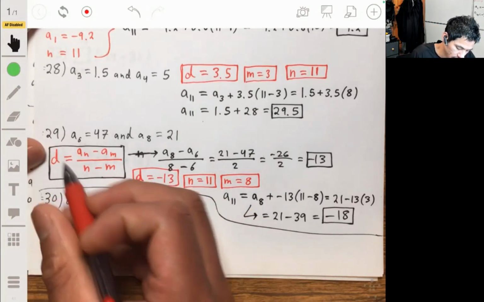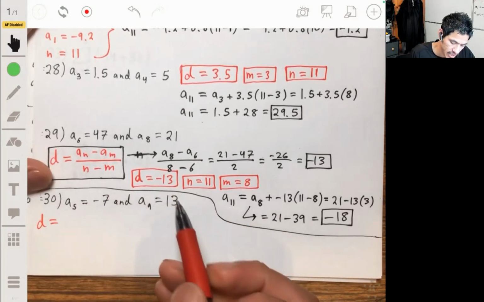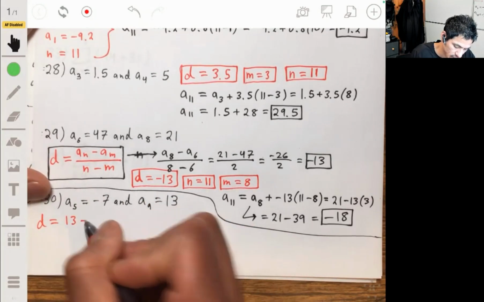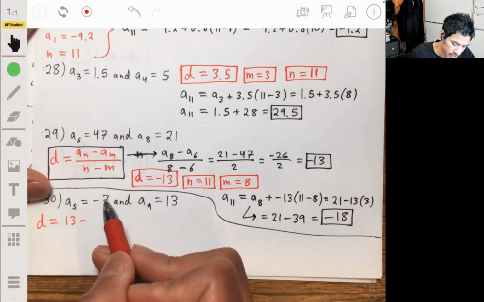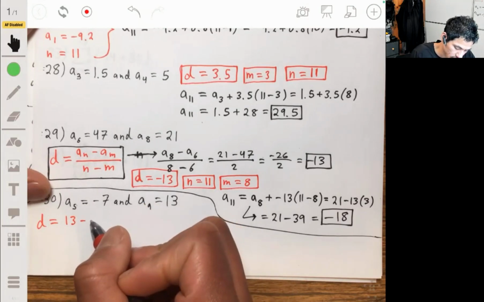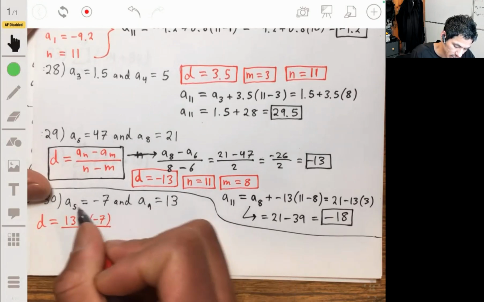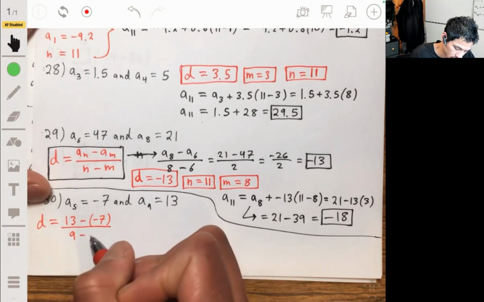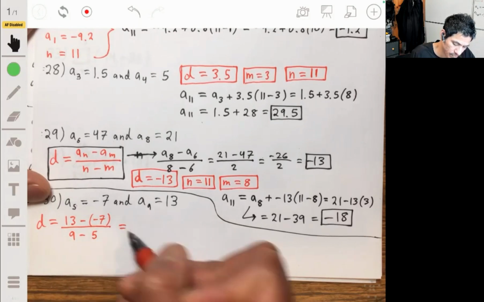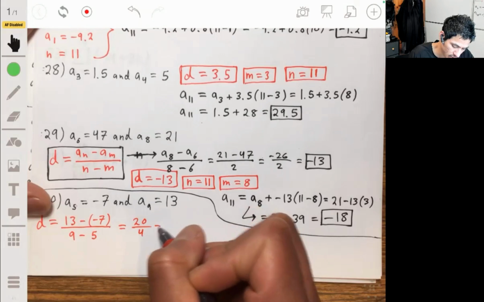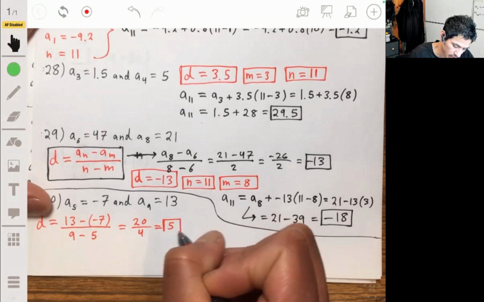So if we want to find the common difference, we can just take A9, which is 13, minus A5, which is negative 7, over 9 minus 5. So we'll get 20 over 4, and we'll get 5.